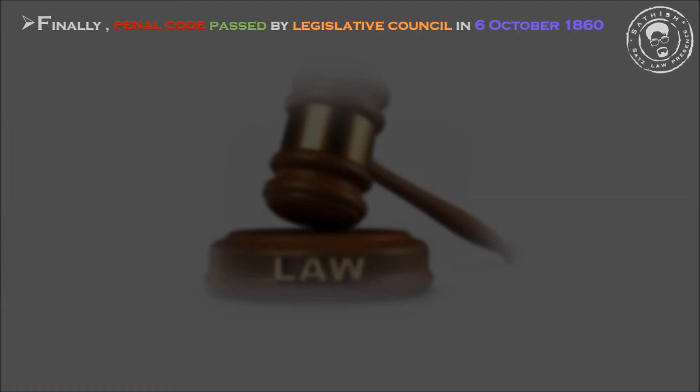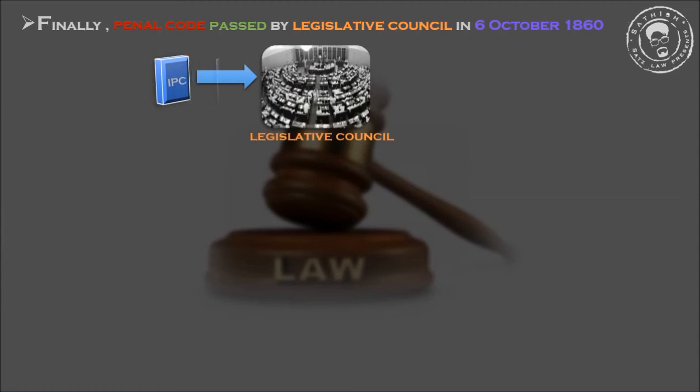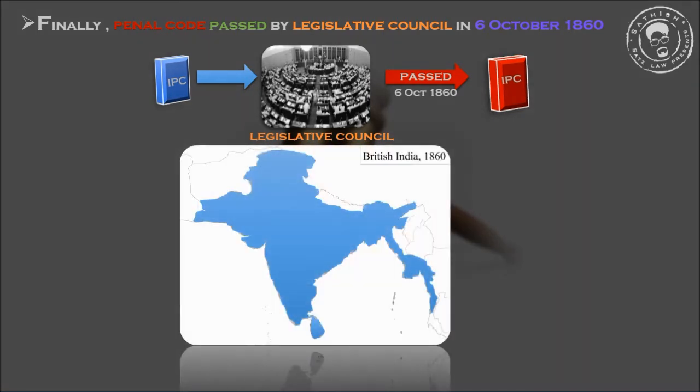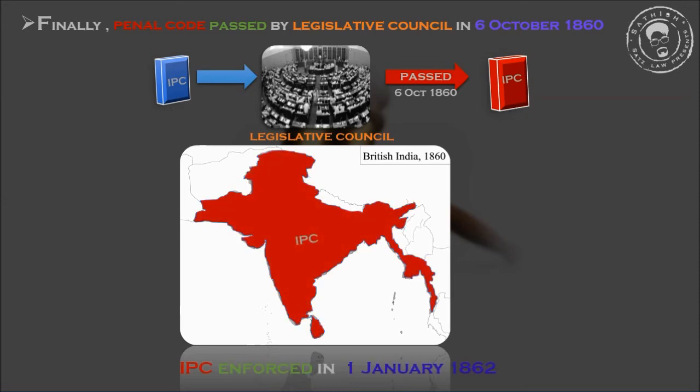Finally, it was passed by the Legislative Council on the 6th of October 1860. But the enacted Indian Penal Code came into force on the 1st of January 1862.